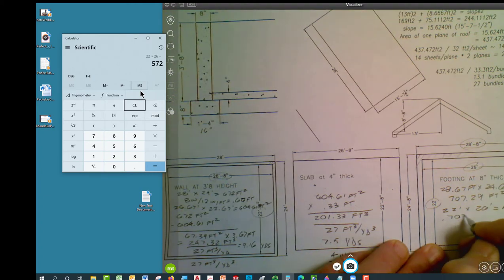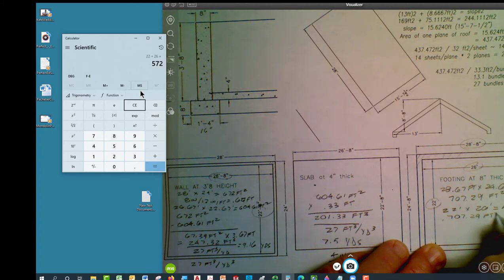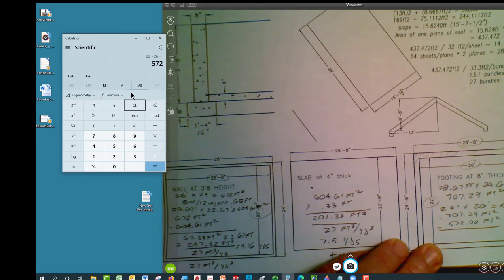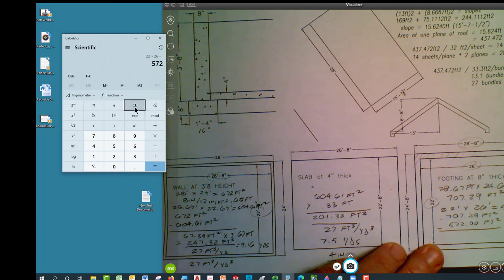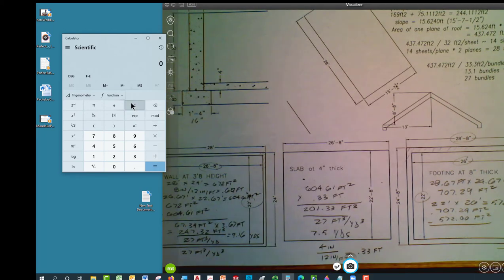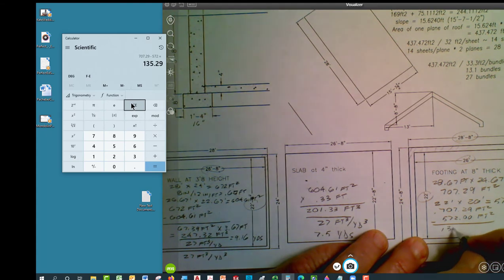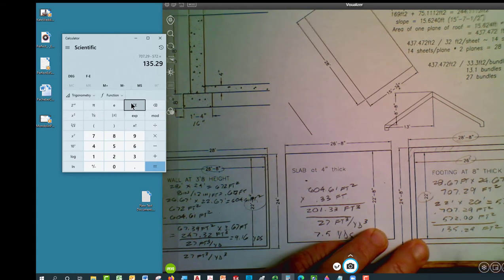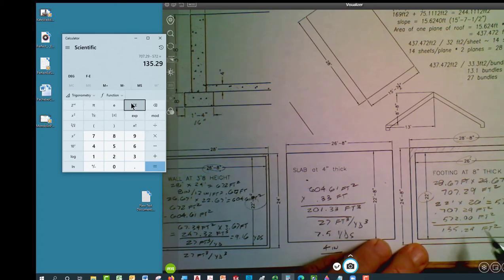So 707.29 square feet minus 572 square feet leaves us with 135.29 feet squared. Now that gives us the total area of the top of that.